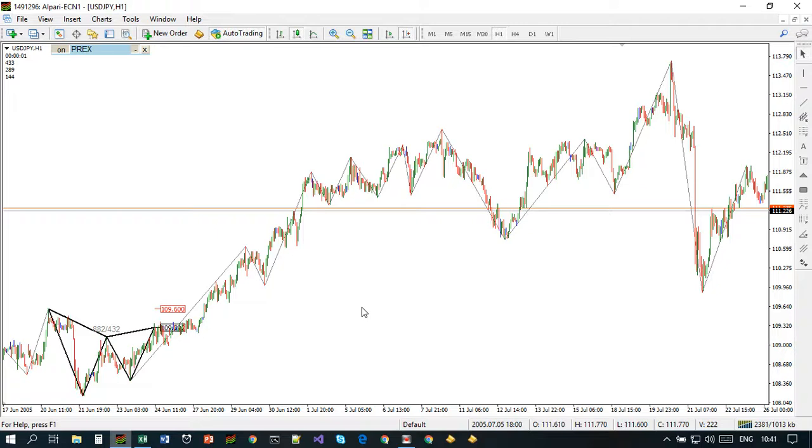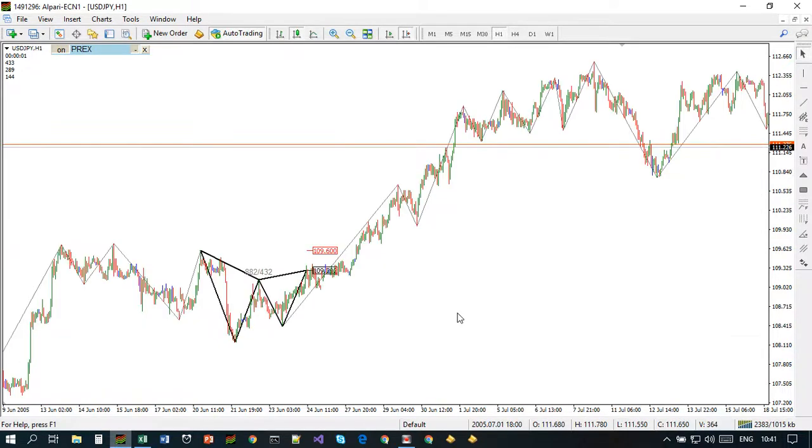They say that 382 is the most common retracement, but the most typical one. By the way, what is the difference between the most common and the most typical one? I heard they say the most common is 382 and the most typical is 50. For me it is kind of conflicting.